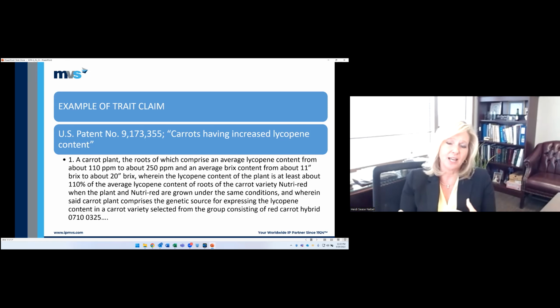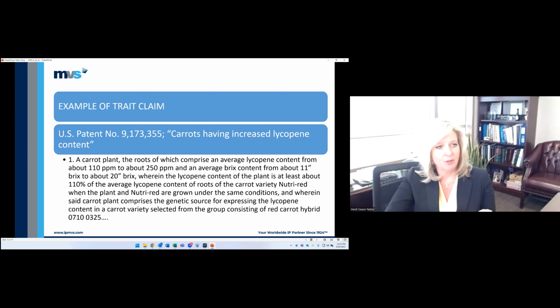So they can breed that trait into a commercially viable variety, and now patent the trait as present in a commercially viable variety that is adapted for commercial growing of a particular plant or corn, what have you.